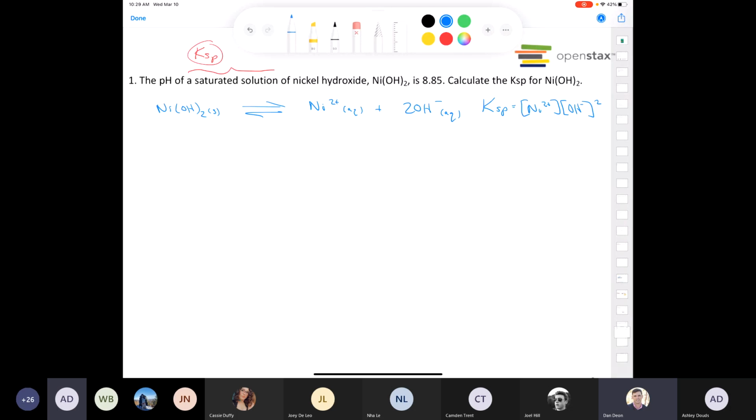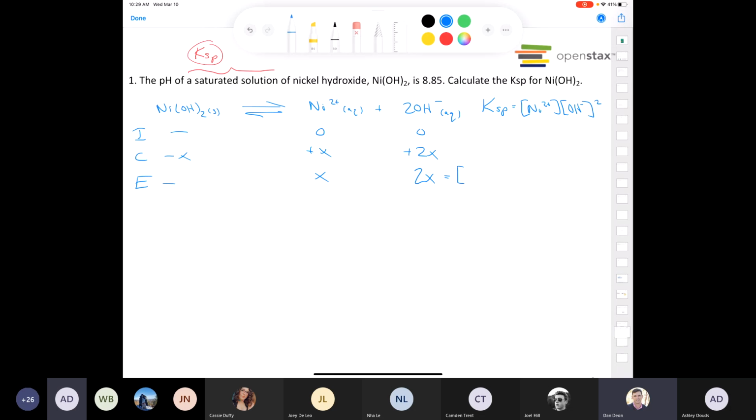All right, well, if we start out with a certain amount of nickel hydroxide, initially we're going to have none of the ions, but then some of that nickel hydroxide is going to dissociate to form some nickel ions and twice as many hydroxide ions, so that at equilibrium we have a certain concentration of nickel ions, but twice the concentration of hydroxide ions, right?